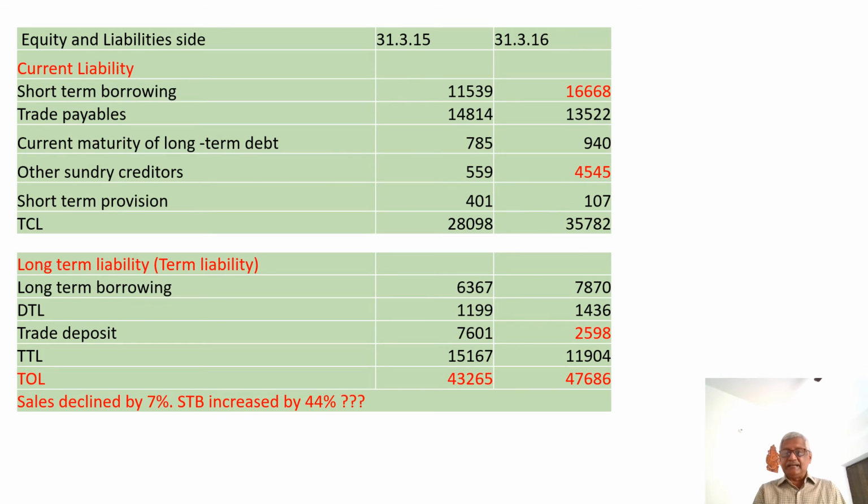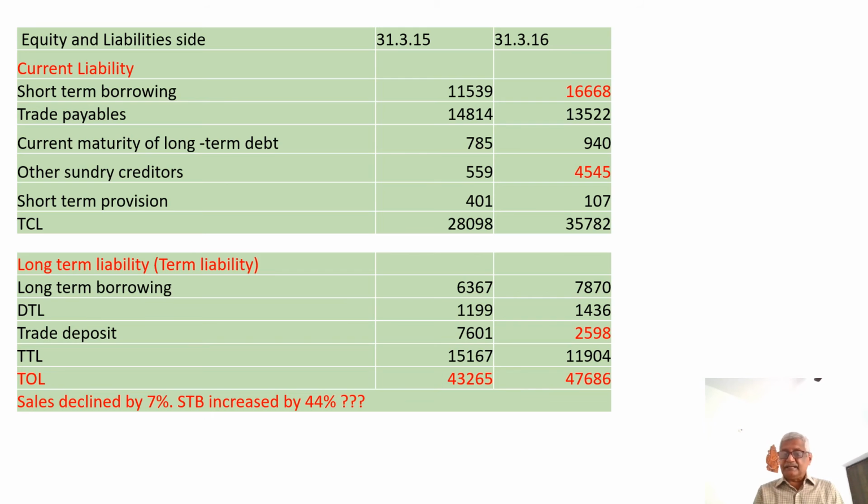And there is a trade deposit the company had collected from its buyers. The same was 76.01 crore in 2015, which has now reduced to 25.98 crore. That means there is a decline of 50 crore in trade deposit. Please note this for getting clarification from the company.